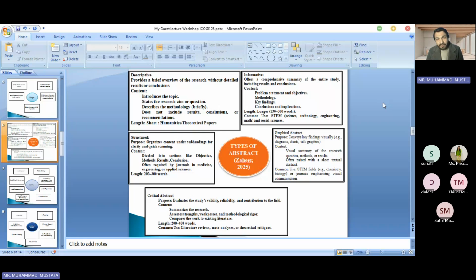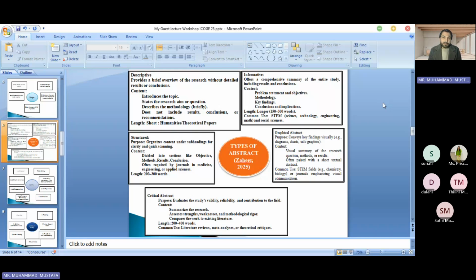Its length is comparatively longer than the descriptive abstract. It is based on 150 to 300 words. And such types of informative abstracts are applied in STEM, science, technology, engineering, mathematics, and social sciences sometimes.